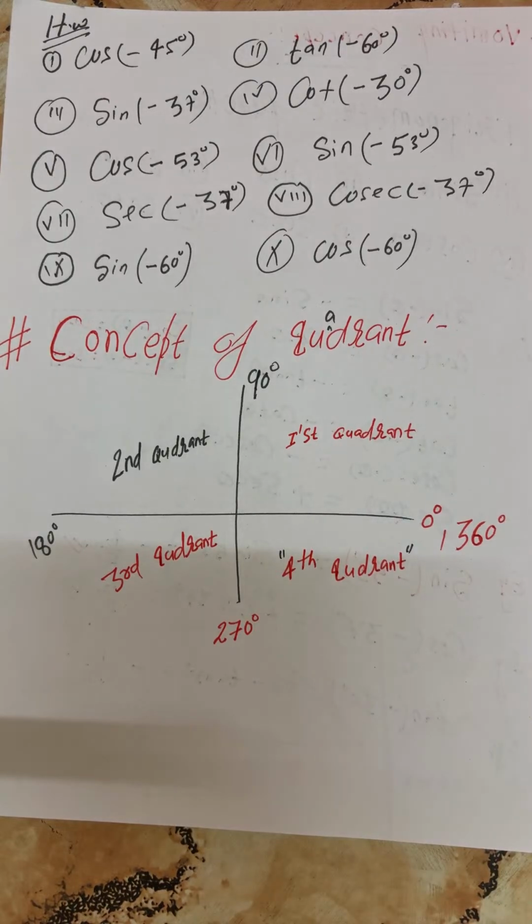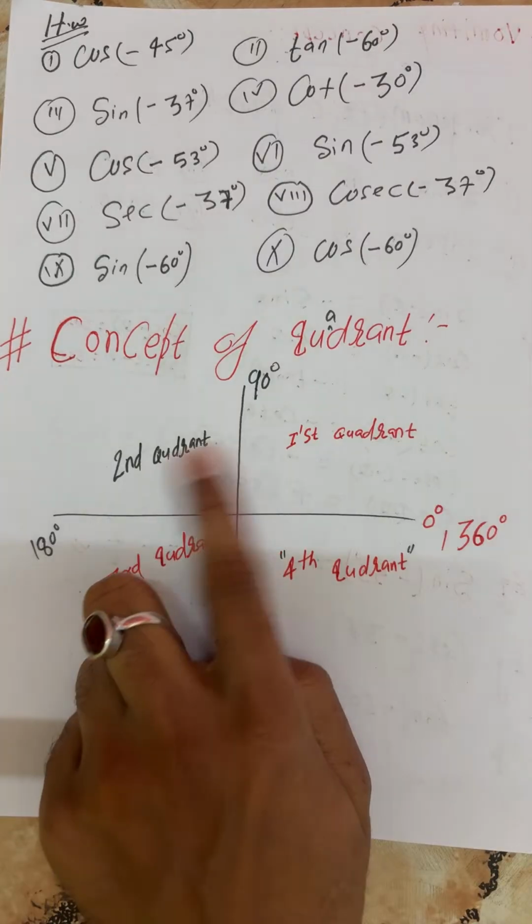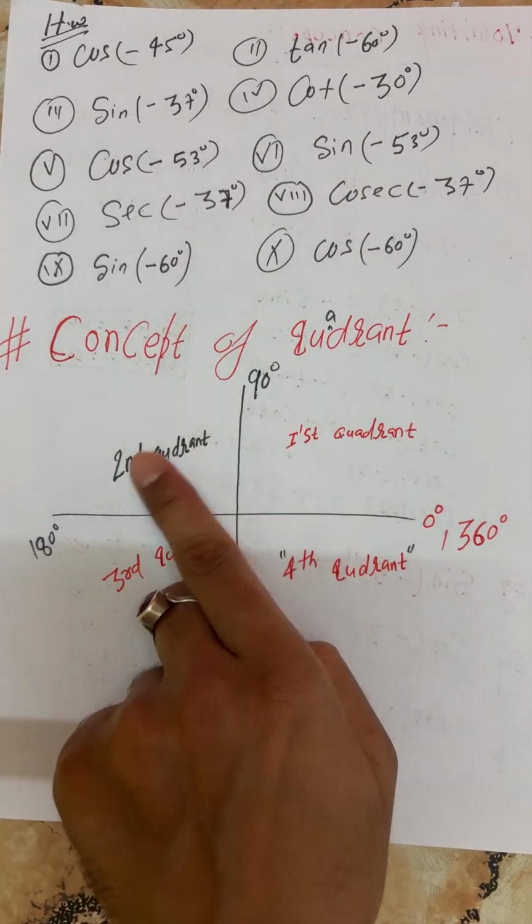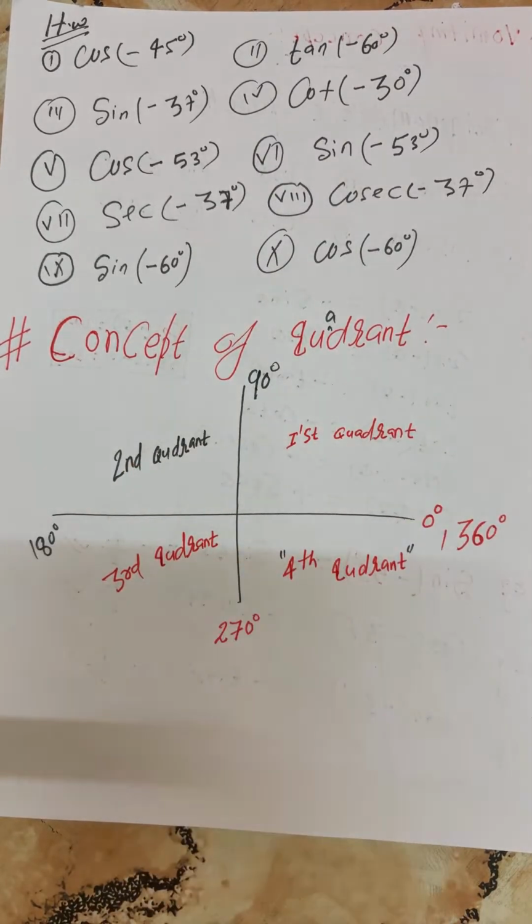In questions you can use which quadrant you are lying in. So remember: 0 to 90 first quadrant, 90 to 180 second quadrant, 180 to 270 third quadrant, and 270 to 360 fourth quadrant.